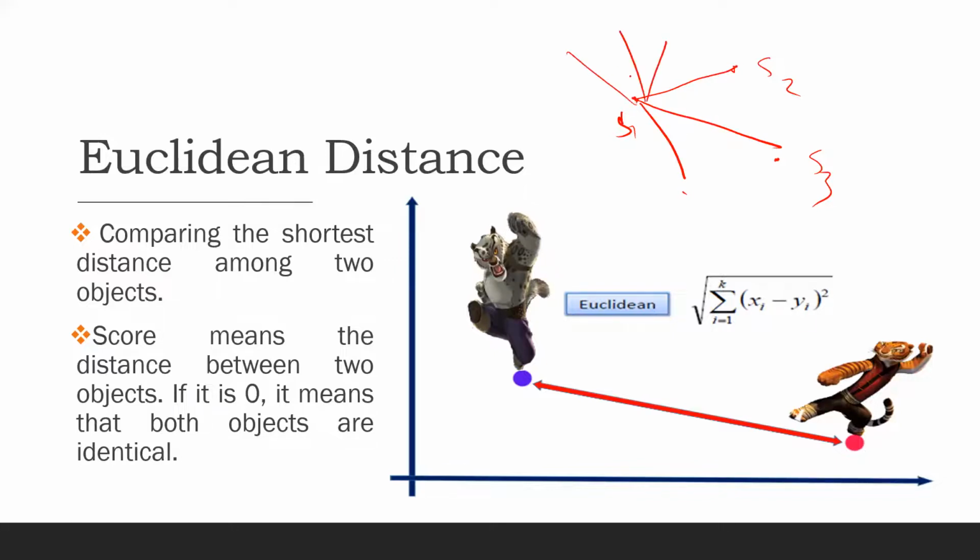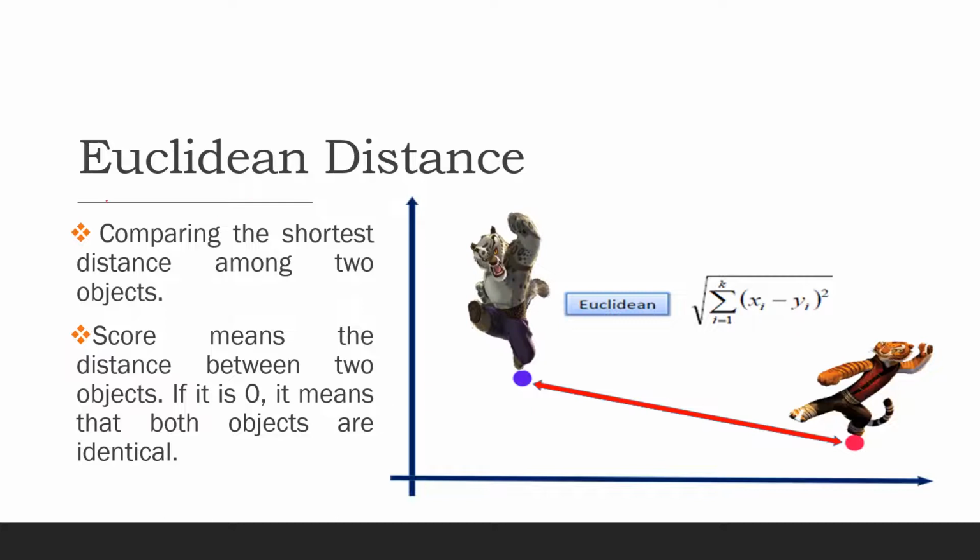Likewise, you need to calculate the distance between all the objects. For easy explanation we look at only two objects, but we look at n number of objects whenever we calculate the distance between objects.